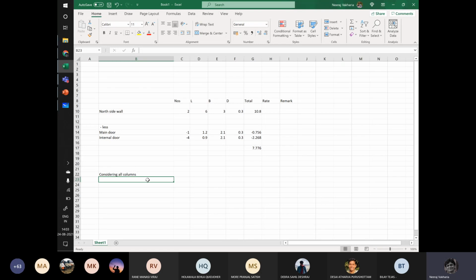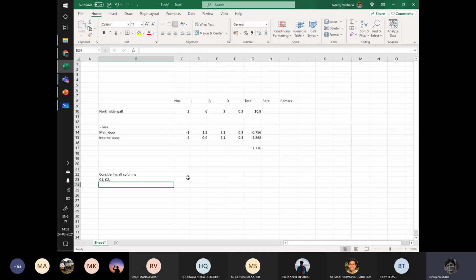Because even if one column changes or one item changes, you have to correct all the BOQ sheets and measurements. So it's better if you make it neat and clean and clear, so that you can understand all the items. Okay, so here you can write C1, C2, whichever columns are there.